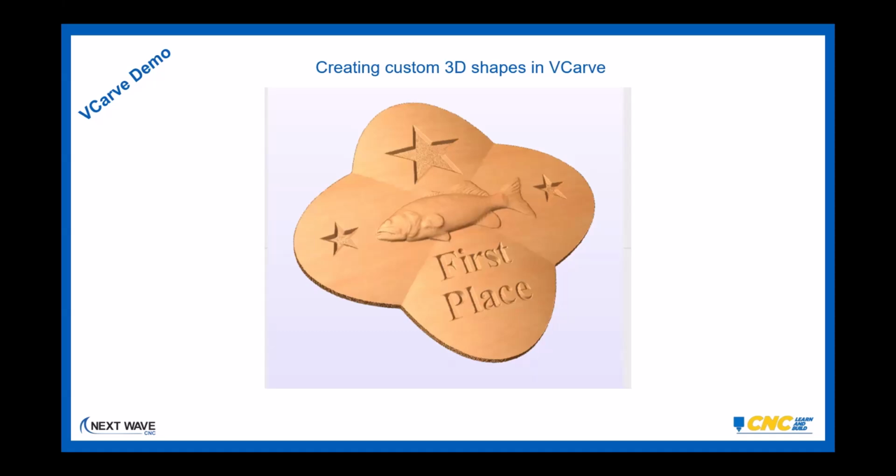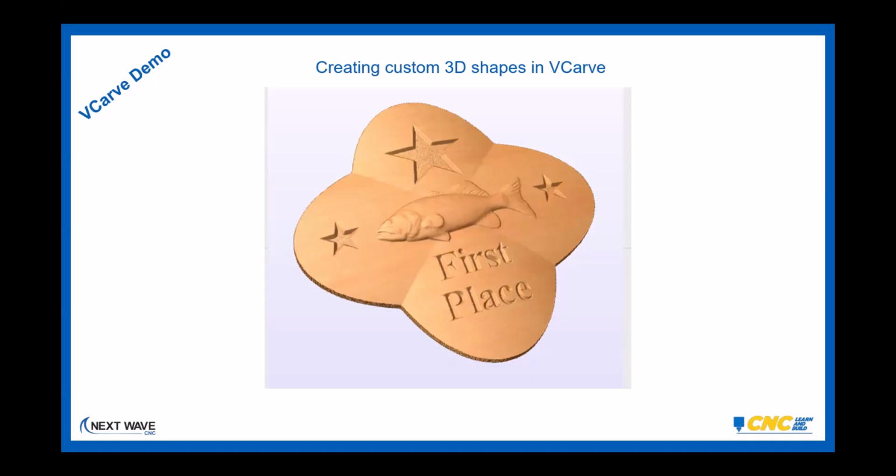The clip art, we'll look at that in a minute. The clip art library in VCarve Desktop is a little bit more limited than the model library in VCarve Pro, so you do get more models with VCarve Pro.